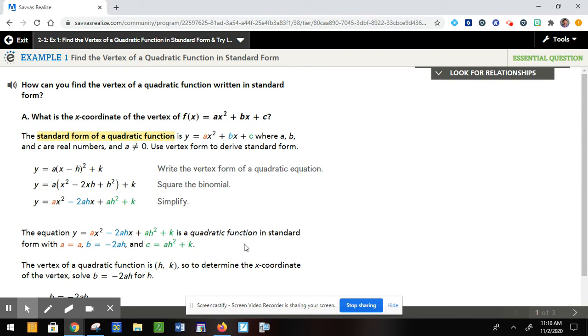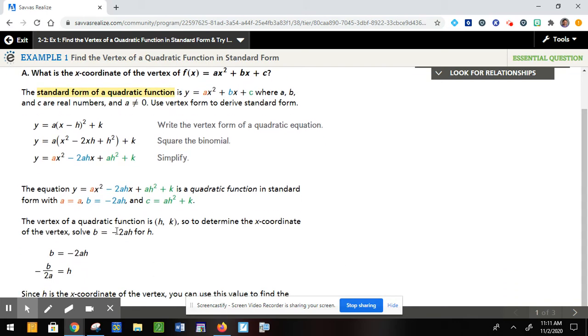If you notice, the coefficient A stays, B is going to be negative 2AH, and then C is AH squared plus K. So all of that is on the outside.